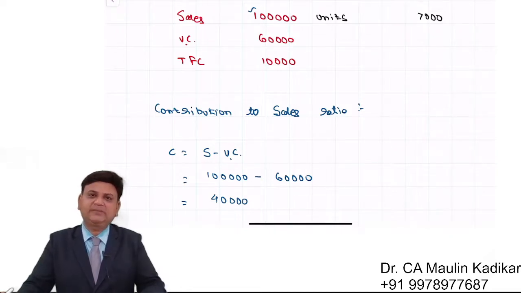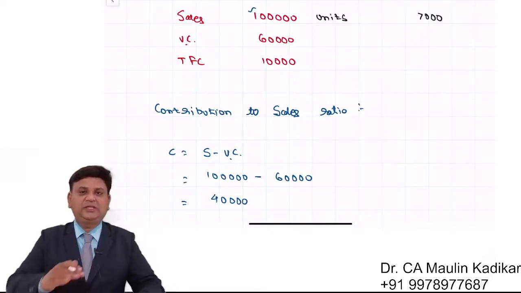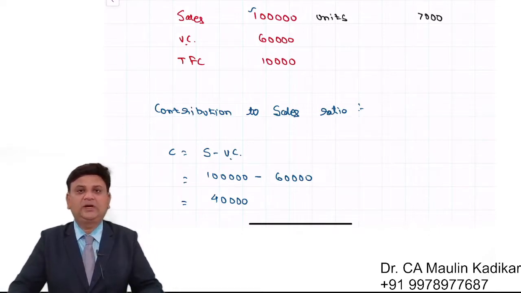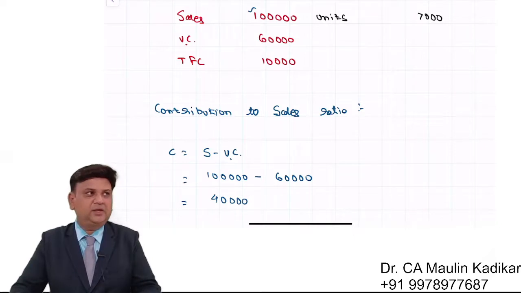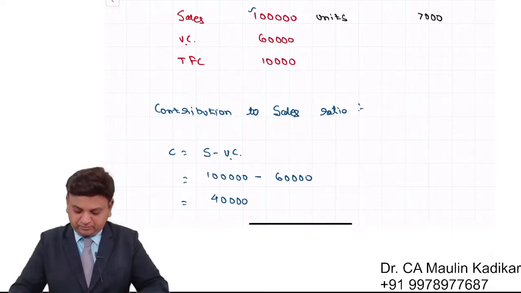And the term fixed cost stands for the cost which is going to remain the same, fixed, irrespective of the activity level. Municipal tax of the premises, rent of the factory building. These are the best examples that we have of the fixed cost.